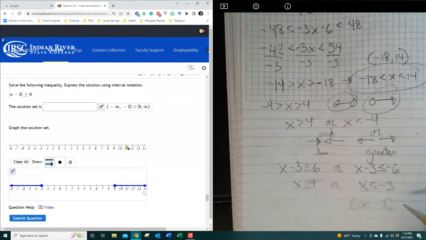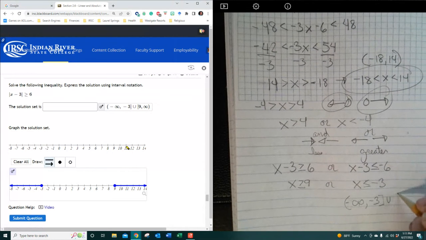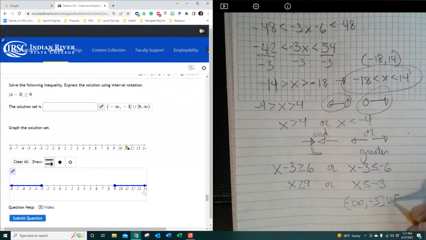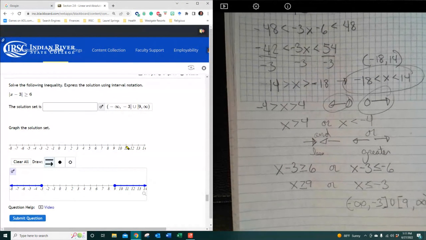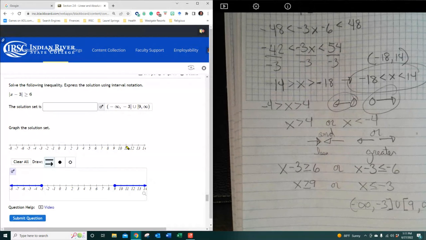Then you connect it with the "or." Since it's "or," you connect it with this. Okay, and then you have this.